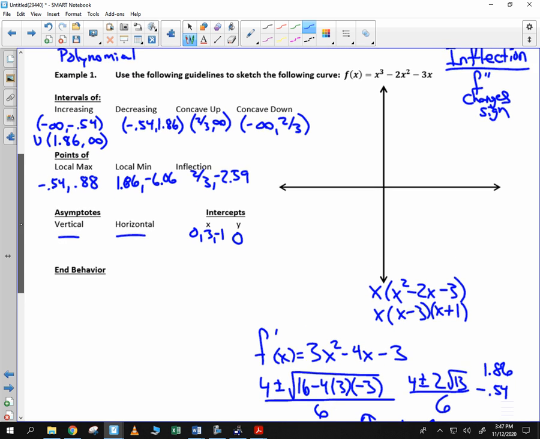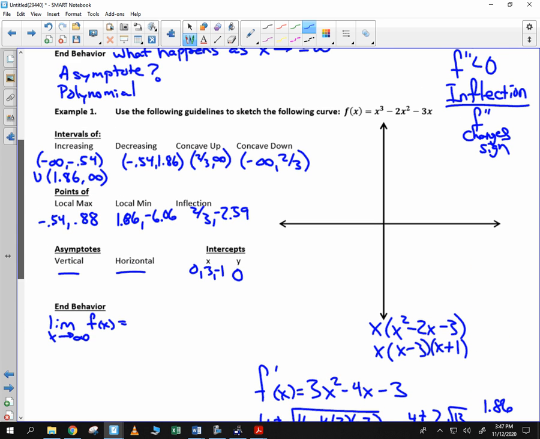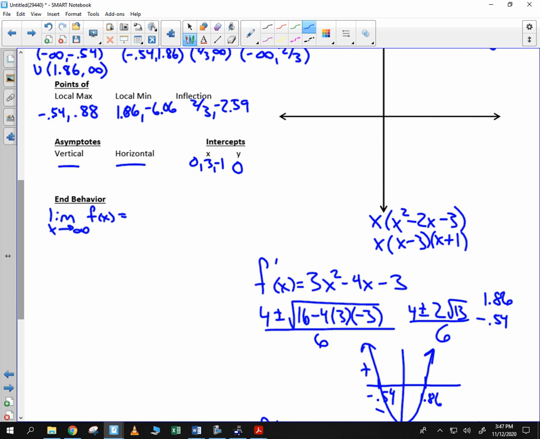But the end behavior, the limit as x goes to infinity of the function, as you consider this polynomial, it's a cubic and it's positive, so therefore it starts and ends in opposite directions. That's the behavior of that cubic. So the limit as it goes to infinity is infinity. As x tends towards negative infinity in the other direction, f of x will go towards negative infinity. So that's the end behavior.